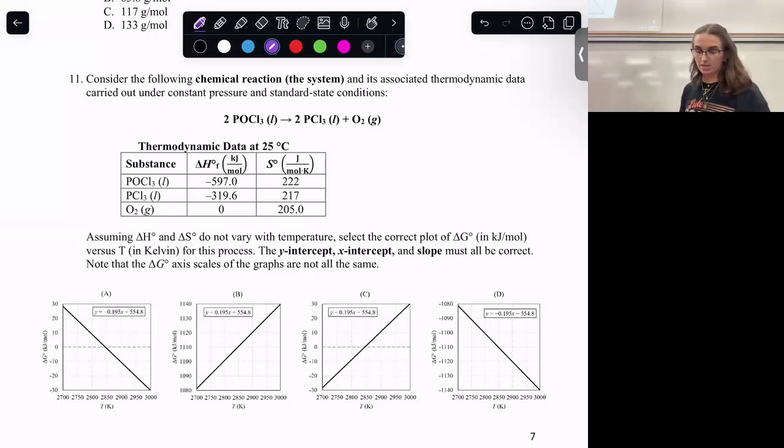We're given the delta H and the delta S. And we're saying that assuming delta H and delta S do not vary with temperature, select the correct plot of delta G in kilojoules per mole versus T in Kelvin for this process. The y-intercept, x-intercept, and slope must all be correct, and note that delta G axis scales of the graphs are not all the same.